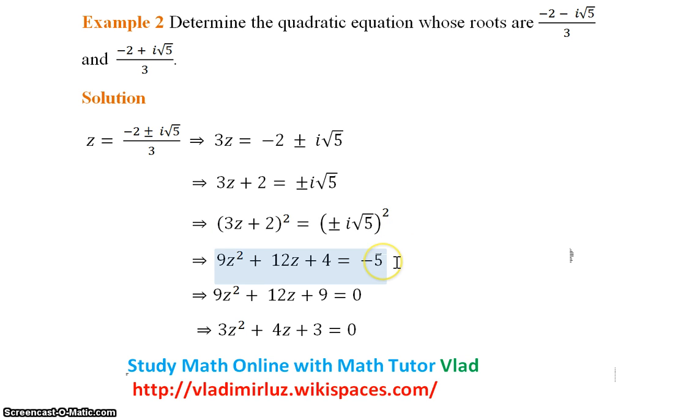Now we move negative 5 from right side to the left, and because 4 plus 5 is 9, we get the following quadratic equation: 9z squared plus 12z plus 9 equals 0. Now we can reduce all the terms by 3, and this is our final answer. The quadratic equation with the given roots is the following: 3z squared plus 4z plus 3 equals 0.